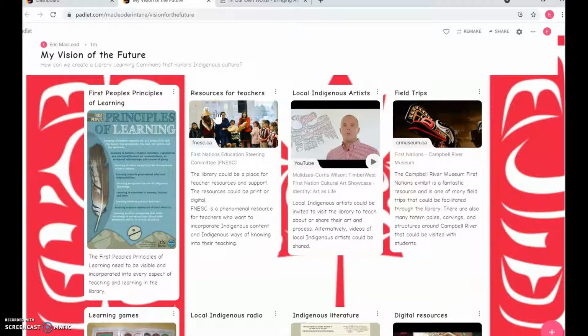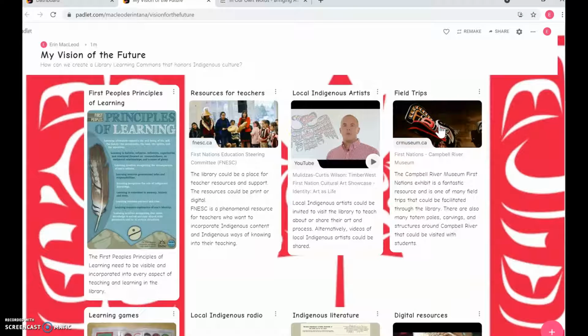Another way to incorporate and honor Indigenous culture in the library learning commons is to highlight local Indigenous artists. You could invite local Indigenous artists to the library to speak to students. Alternatively, you could share videos created by local Indigenous artists sharing their artwork and their process.